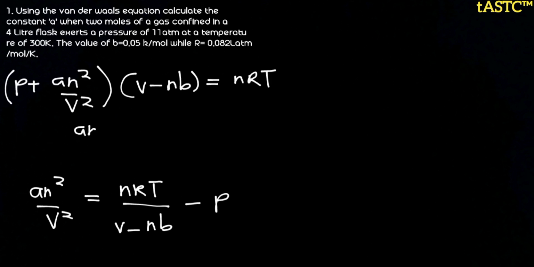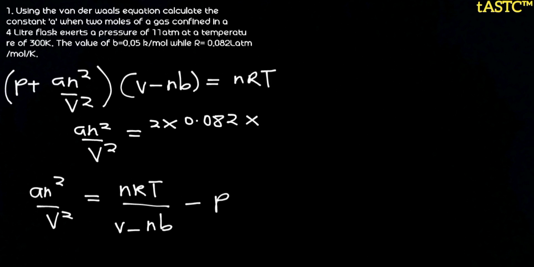So we have AN squared divided by V squared, and that is going to be N. So we know that N is a number of moles. The number of moles we got here is actually 2 moles. So that is 2, and this will be multiplied by R. Now R in this case was given to us to be 0.082.